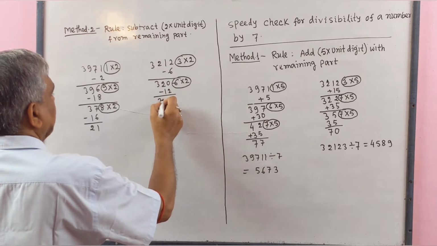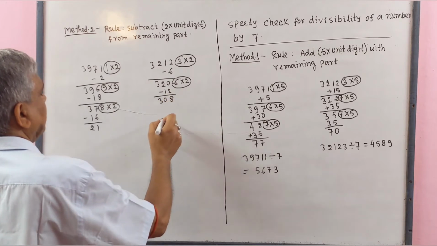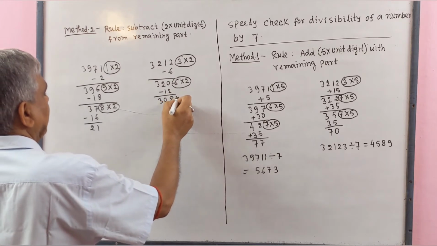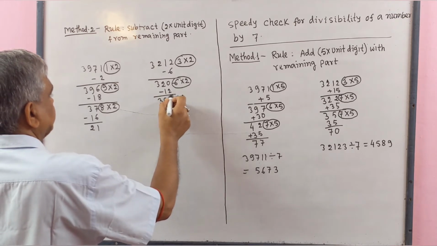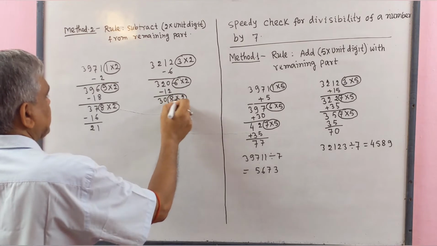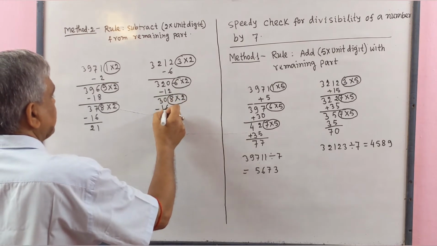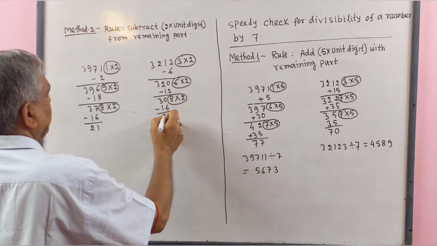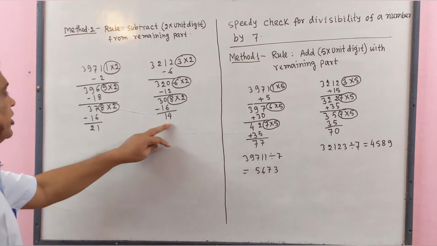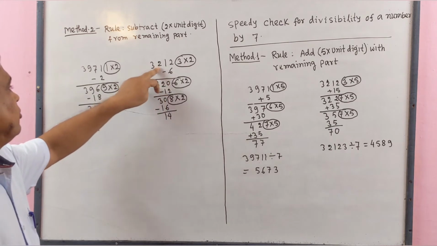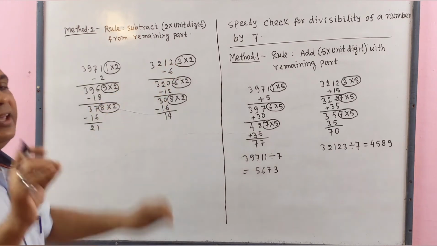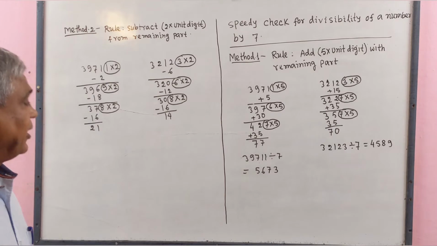We get 308. Now we multiply by 2, 16, we subtract 16 and we get 14. 14 is divisible by 7, therefore 32123 is divisible by 7.